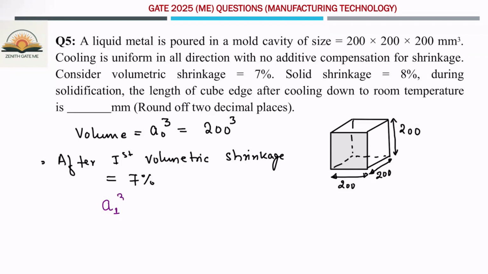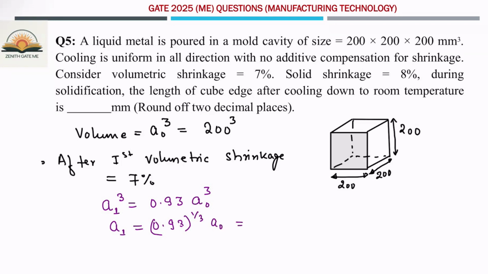So volume A1 cube is equal to 0.93 times the original volume, which is A naught cube. So A1 you can easily calculate: 0.93 to the power of 1 by 3 into A naught.